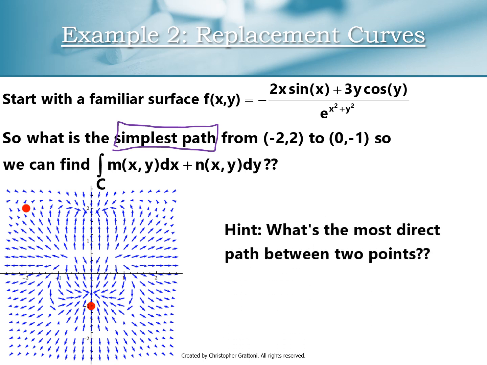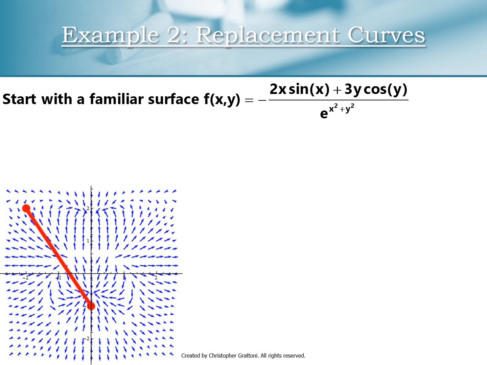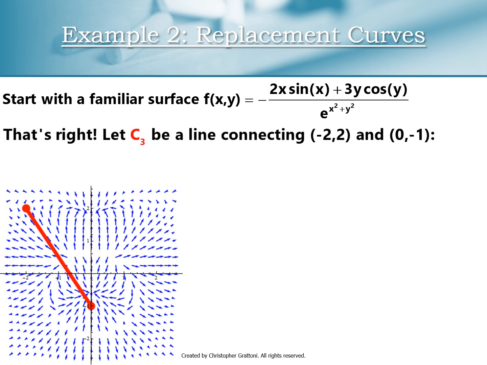The most direct path between 2 points is going to be a straight line. And when I say the most direct path, I'm talking about from this 2-dimensional plot. What is my most direct path? If you look at the surface itself, you might argue that maybe there was a better path. But when we're talking about this gradient field living in 2-dimensional space, a straight line is the most direct path from point A to point B. So look what I did here.